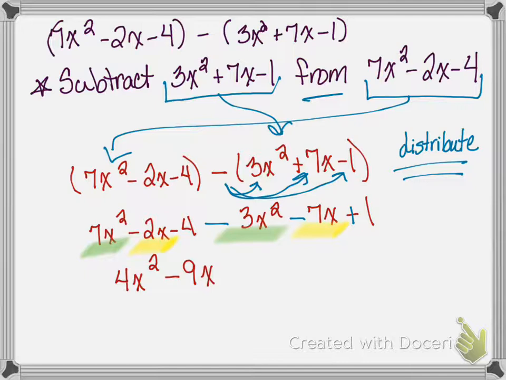A negative plus a negative is always a negative, and you add their absolute values. The last one. Negative 4, positive 1. It's negative 3. Negative 4 has the greater absolute value. That's why you take that sign. And then you subtract.